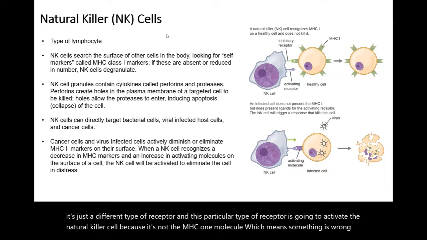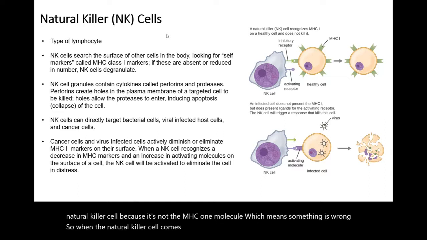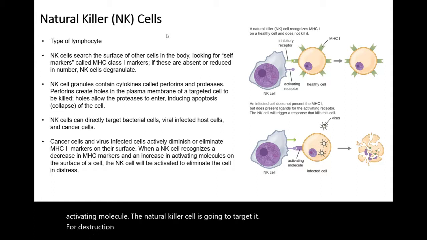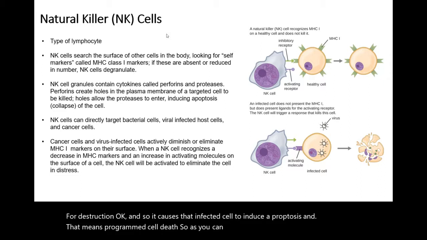So when the natural killer cell comes into contact with this other molecule, we call it the activating molecule, the natural killer cell is going to target it for destruction. And so it causes that infected cell to undergo apoptosis, and that means programmed cell death. So as you can see, that cell will die.